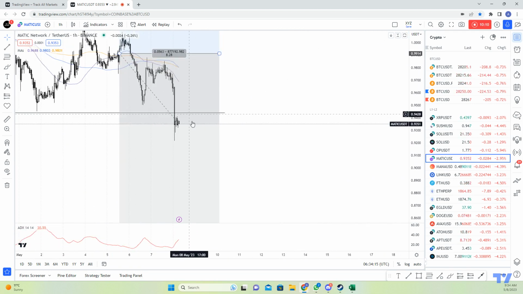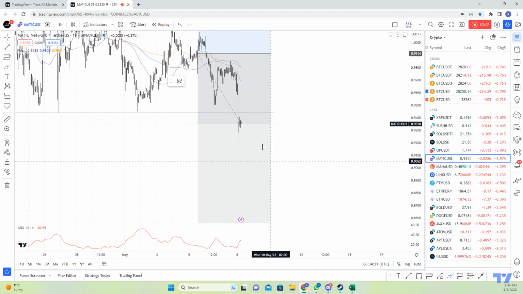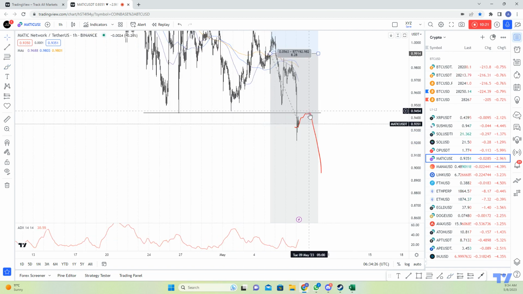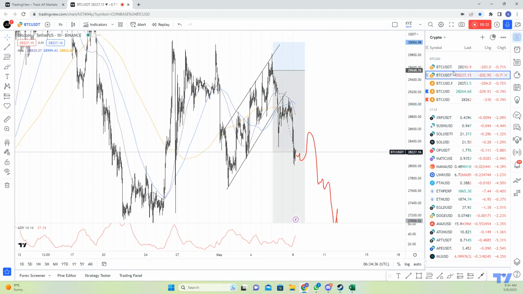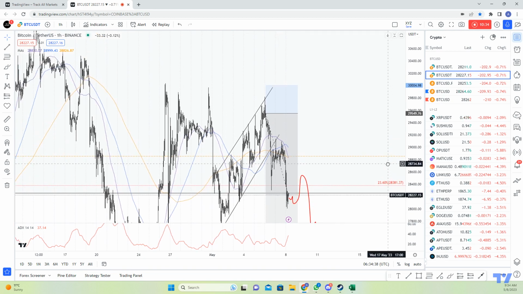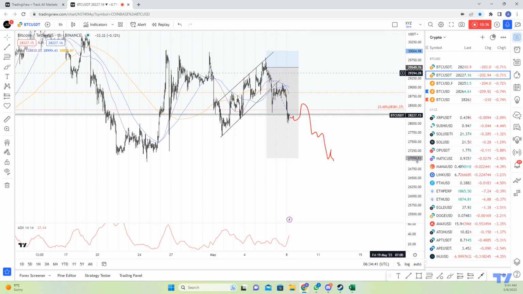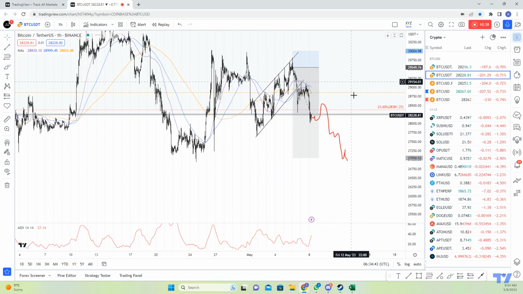Once we get the retest here, I already added right here because I know that it will retest and then come down, even if it deviates a bit above. If not, and I see it back in the range and holding above the range with a daily candle close, I will definitely close the position. But for now, I'm in a good position, so I really don't want to do anything.